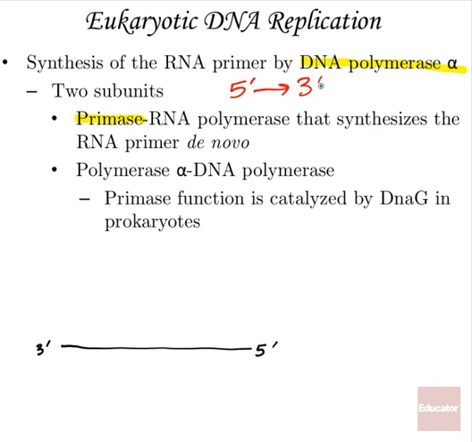So DNA polymerase alpha comes in and it can lay down its RNA primer. That's about 10 to 20 base pairs, and it's happening in a 5' to 3' direction. Then the DNA polymerase part of our polymerase alpha will start making DNA.